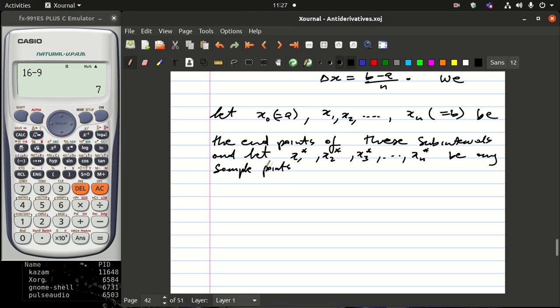So let these be any sample points in these sub intervals.